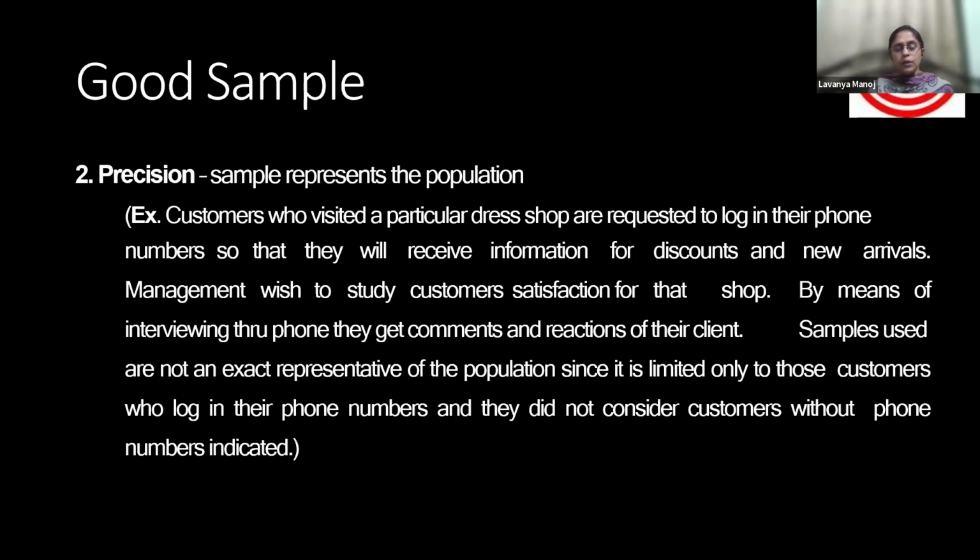So again, there is no precision here. If the company wants to study its own consumers' feedback or reaction to the product or service delivered, all consumers have to be taken into account. But here there is bias in the information given by the consumers.